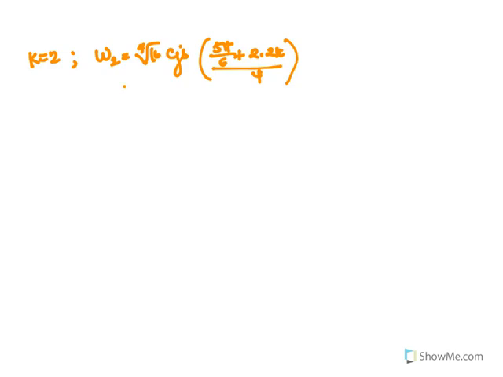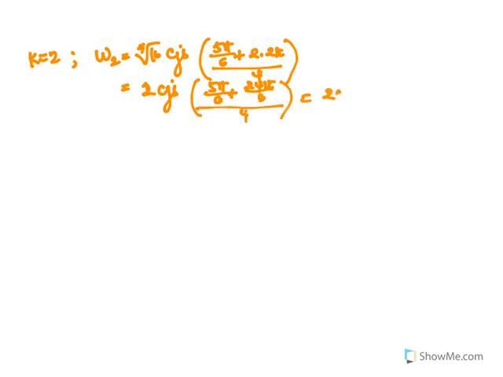Now, for the third root, let's take k equals 2. So you have omega sub 2 equal to the fourth root of 16, cis of 5 pi over 6 plus 2 times 2 pi, all over 4, which gives us 2 cis of 5 pi over 6 plus 4 pi, which is 24 pi over 6, all over 4.